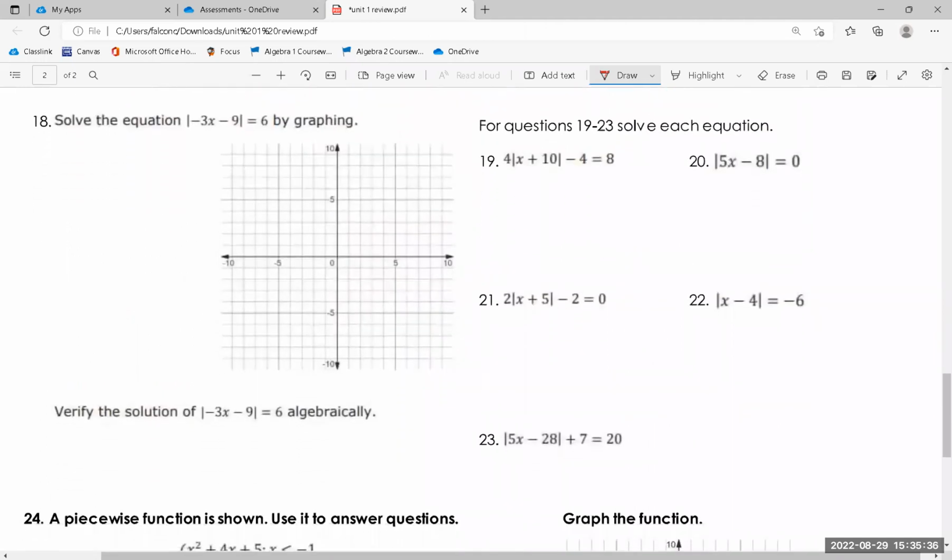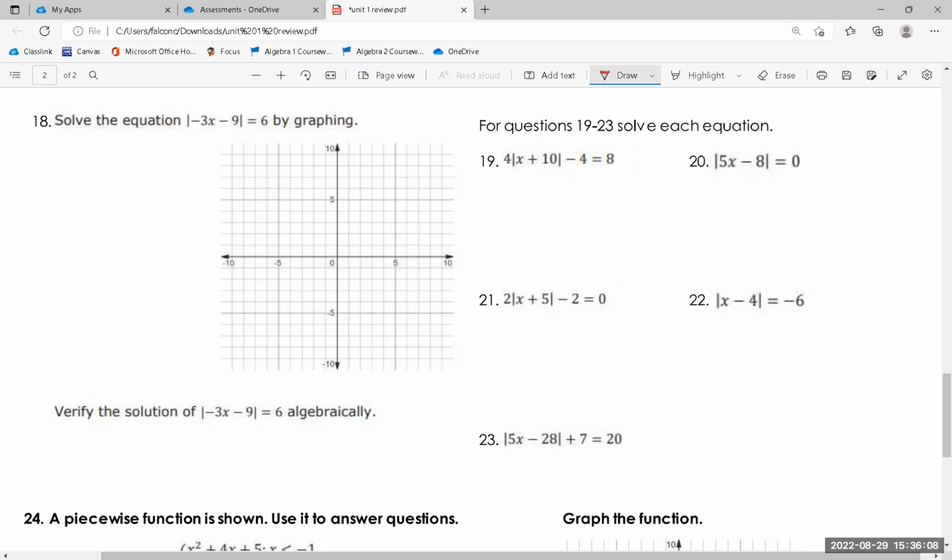All right, 18, solve the equation by graphing. So for this one, we're going to graph and then solve, and then we're going to verify the solutions algebraically. So to graph this, I'm going to plug in some x values and get some y values.